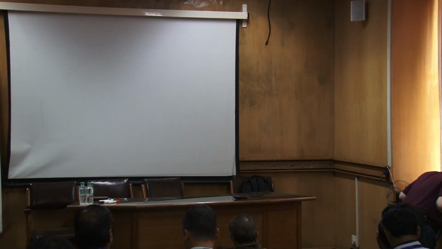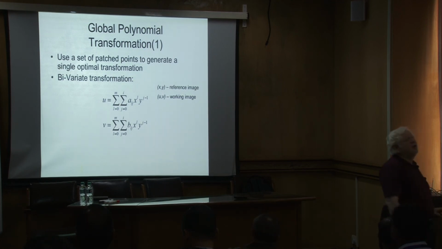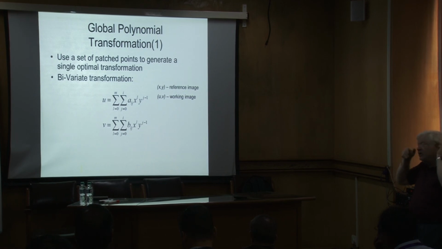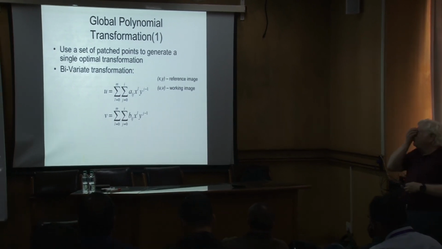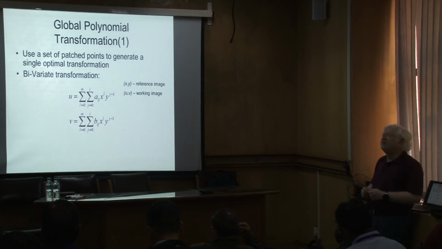Okay, global polynomial transformation. So use a set of matched points to generate a single optimal transformation. So this is basically a polynomial you are fitting to the image. Okay. Now, in order to do this again, you have to use the same consensus principle that we just outlined.